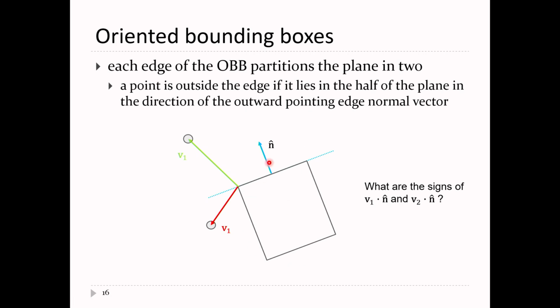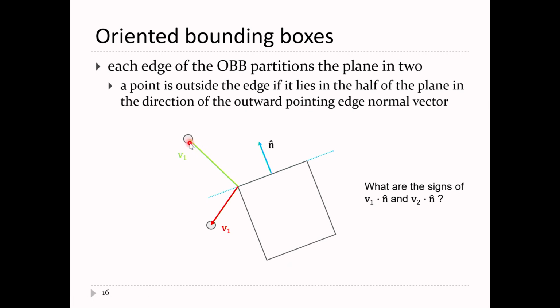I'm interested in the outward pointing normal to the bounding box. That edge splits the xy plane into two halves: everything in the direction of the normal, and everything in the opposite direction. If the 4 points of your other bounding box are completely on this side of the edge, then you know that the boxes don't overlap.